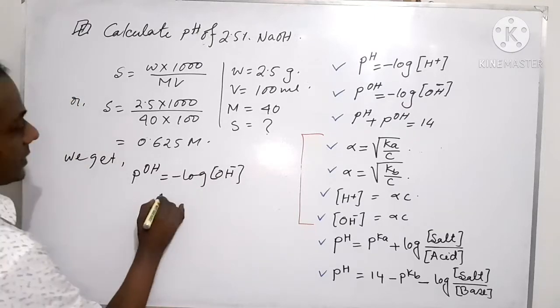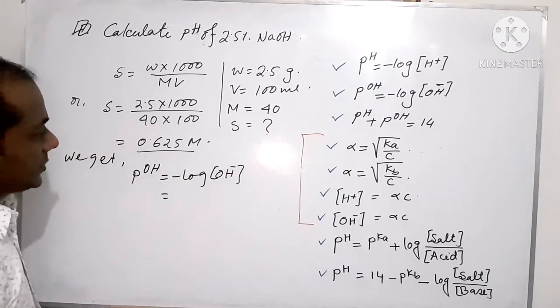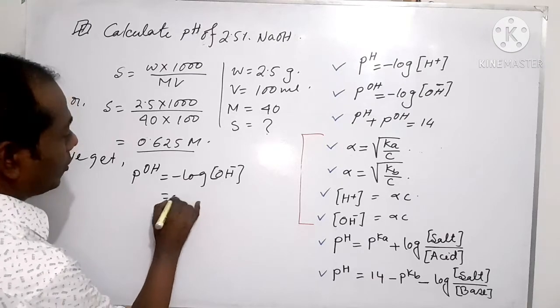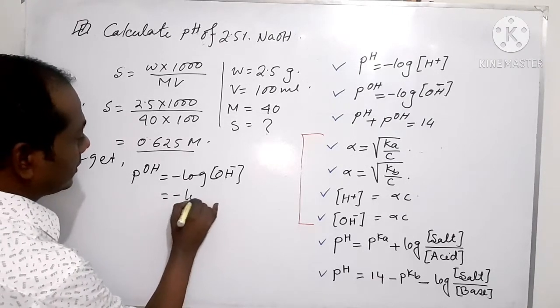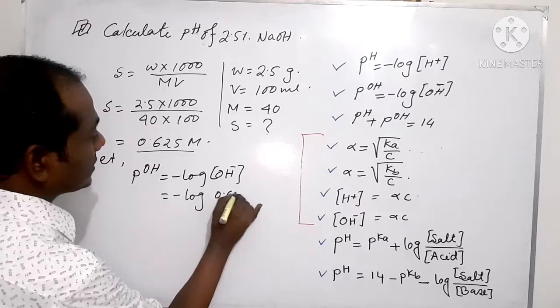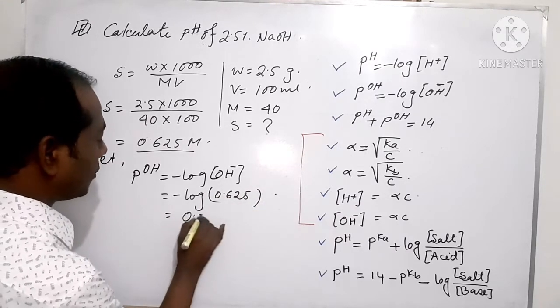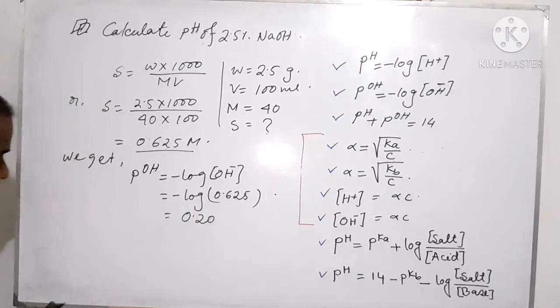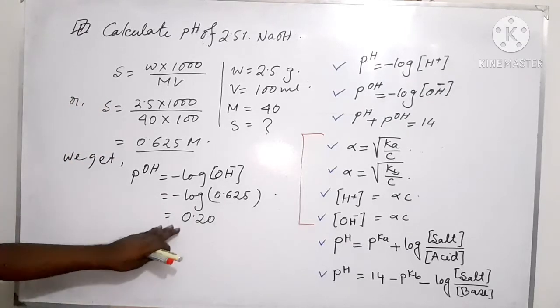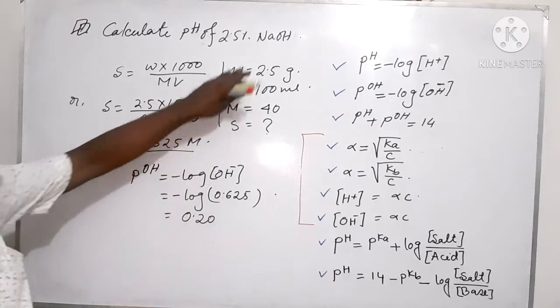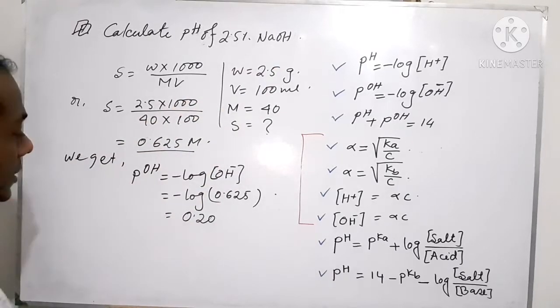Here the concentration of hydroxyl ion is 0.625, so we write the value here, 0.625, and we get the value 0.20. So the pOH value of sodium hydroxide solution is 0.20.